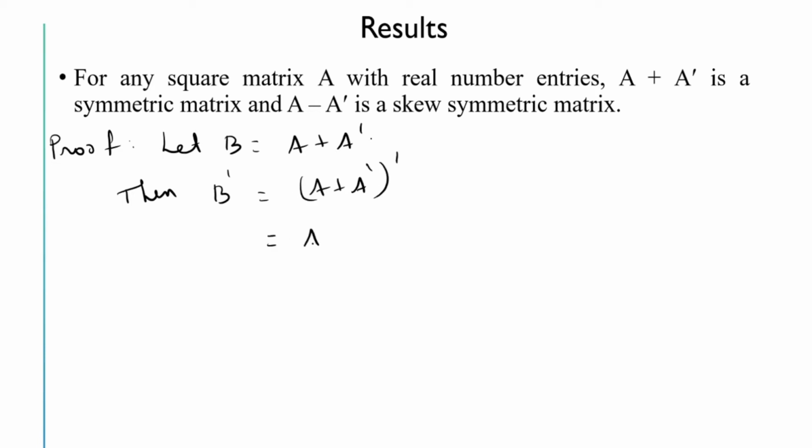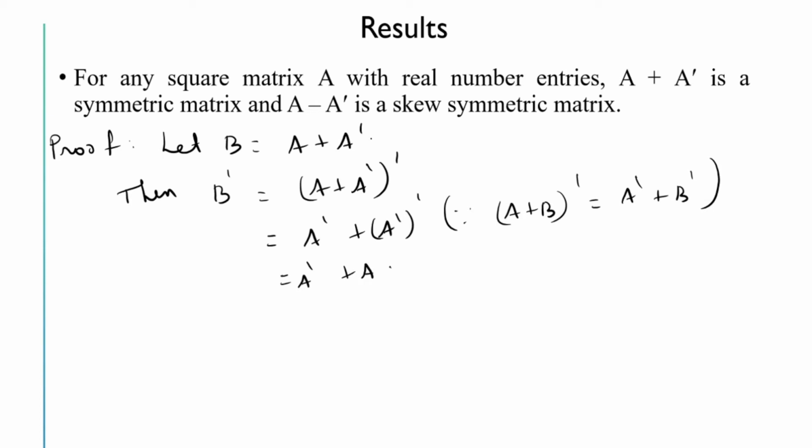This is equal to A transpose plus A transpose the whole transpose, since A plus B the whole transpose is equal to A transpose plus B transpose. So this is equal to A transpose plus A, which is nothing but A plus A transpose. This is equal to B.